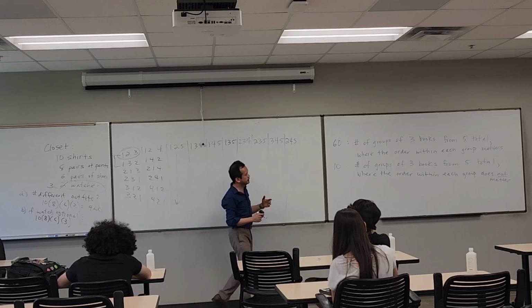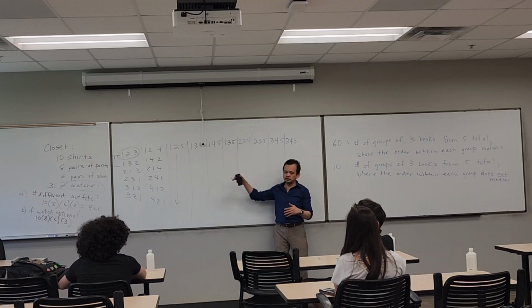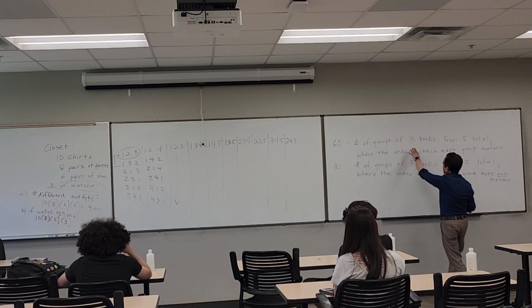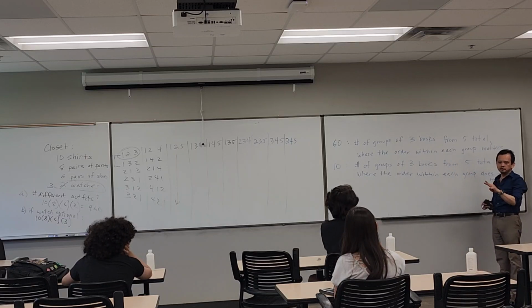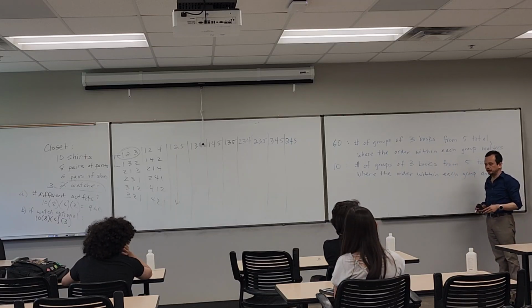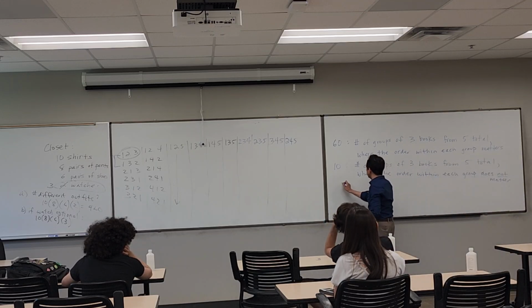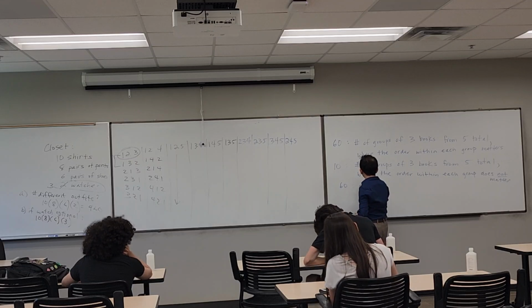Okay, so now the question is, how do you calculate each of these 2 numbers quickly without having to list them all out like that? So the first number, how do you calculate that quickly? If you have 5 books total and you want to select the number of orderings of 3, this would be what we talked about earlier, which is that the 60 comes from 5 permute 3.